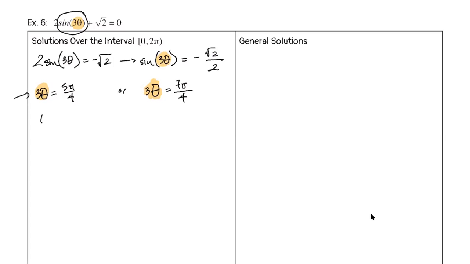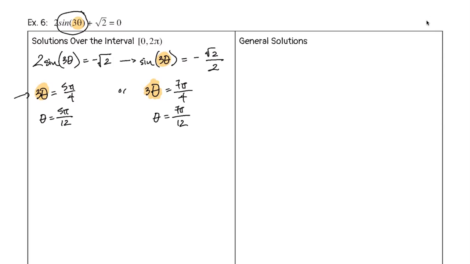So I get theta equals 5 pi over 12. Does that make sense how I got 12 in the denominator there? Yeah. Okay, so I just divided both sides by 3. Now, similarly, I could solve the second one the same way. I divide by 3, I'll get 7 pi over 12, okay?